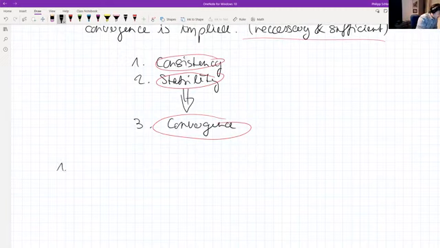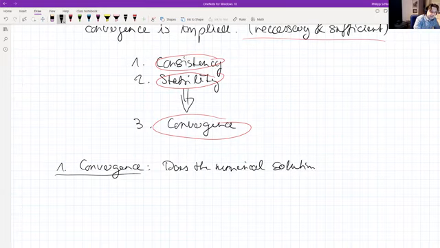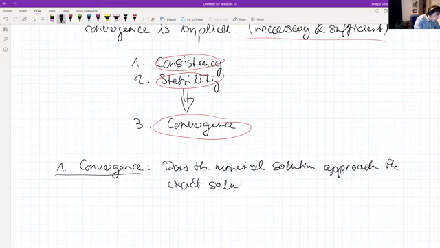So first, we look at convergence. As I said, this is what we really want to have. The main summary of convergence is: does the numerical solution that I obtain approach the exact solution of the PDE?